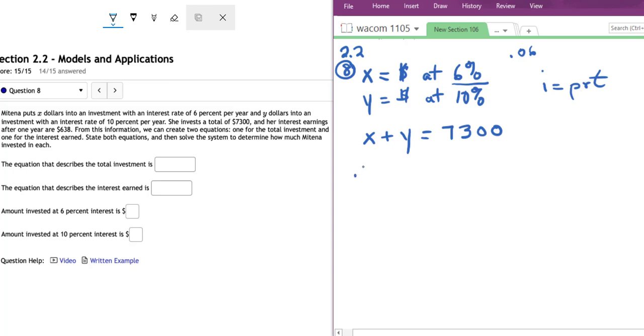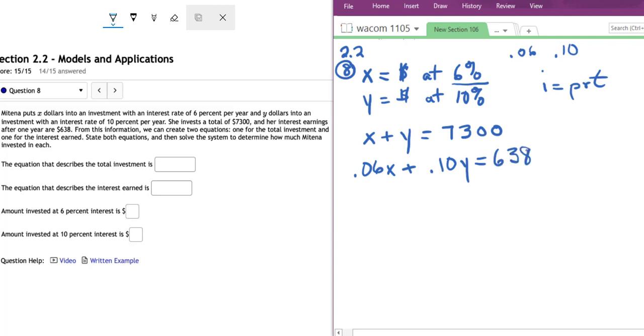So 0.06x plus your 10% times your money, 0.10, so that's 10%. Decimal goes 2 places to the left, 0.10 or 0.1 times Y, and this will equal your interest. So your interest from your 6% plus your interest from your 10% is 638.